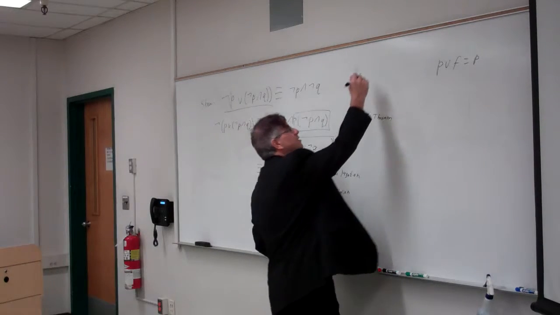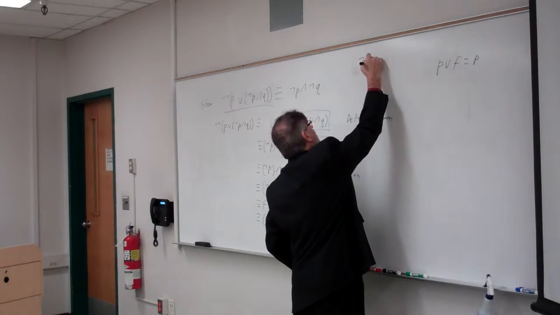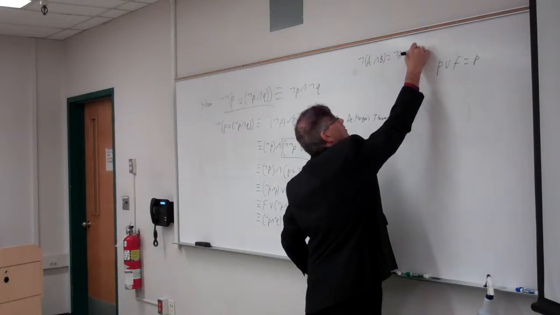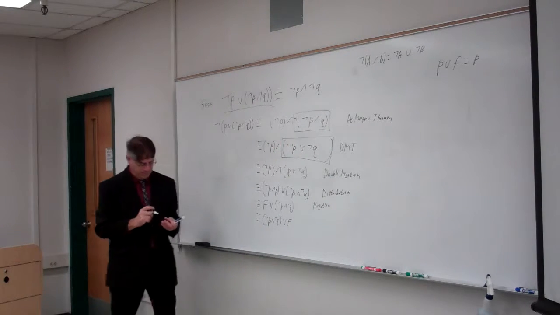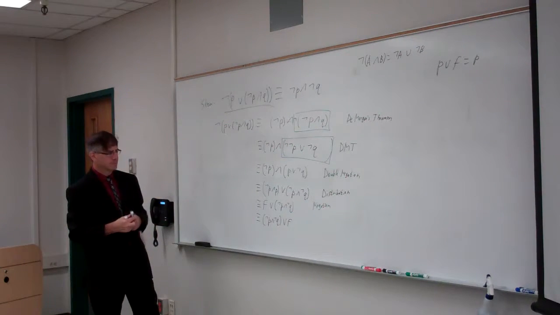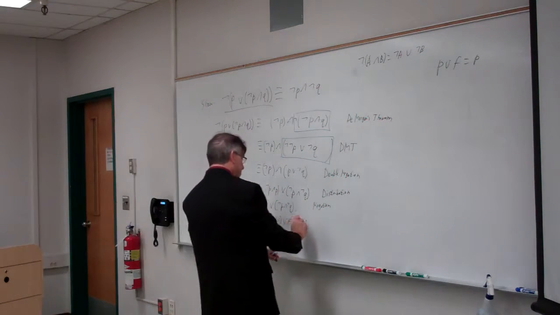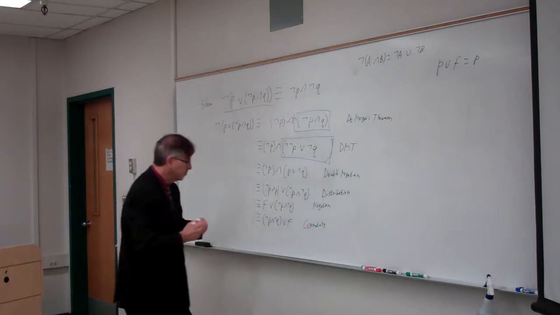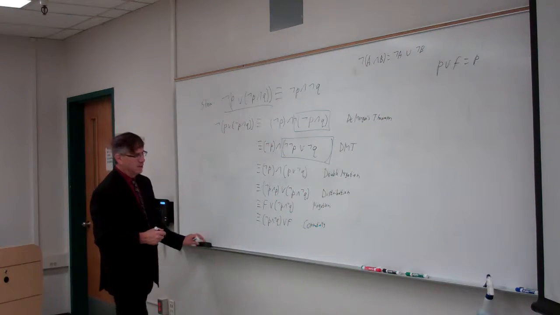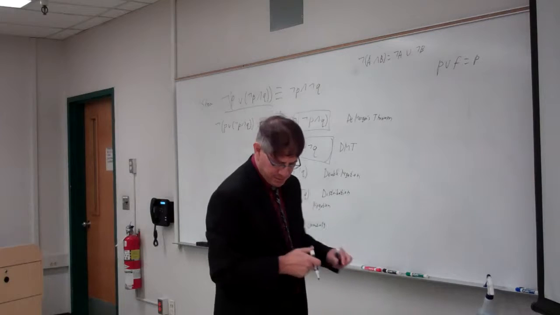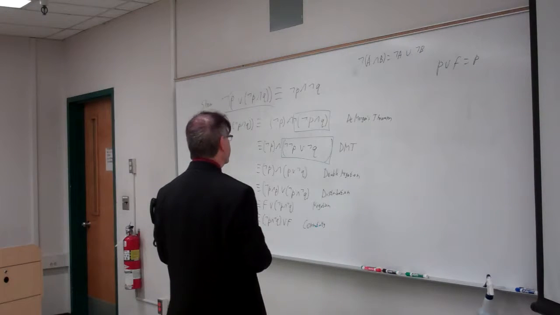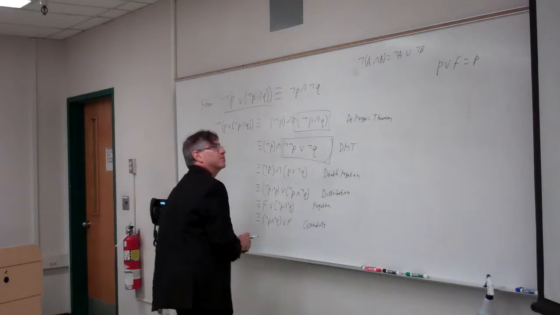So De Morgan's theorem says not (A and B) equals not A or not B. So we can flip this around by commutativity. And then when we OR something with false, we just get our expression back. That's identity.